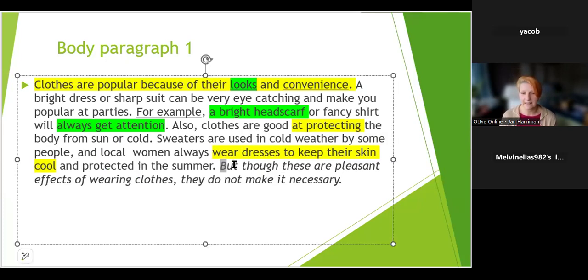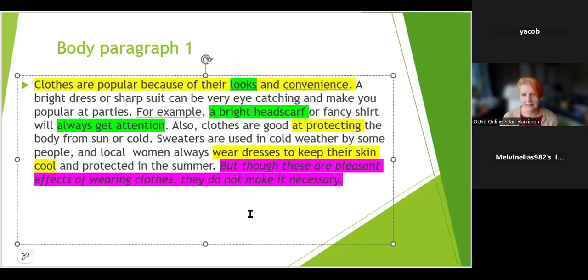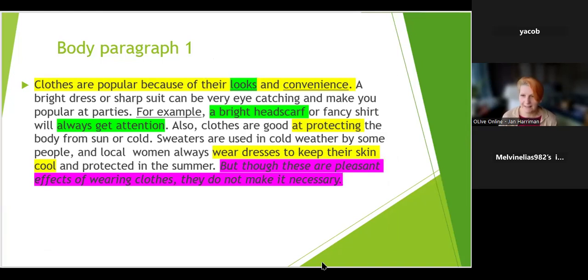This is signaling the next paragraph and linking to the opinion stated in the introduction.